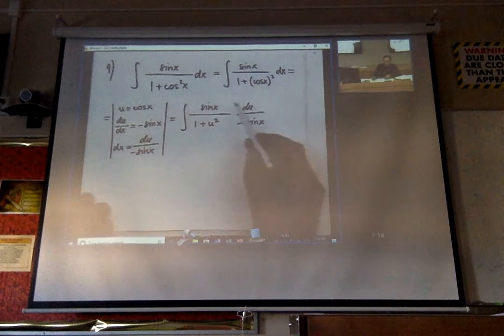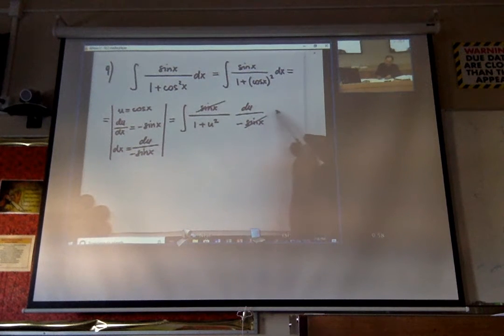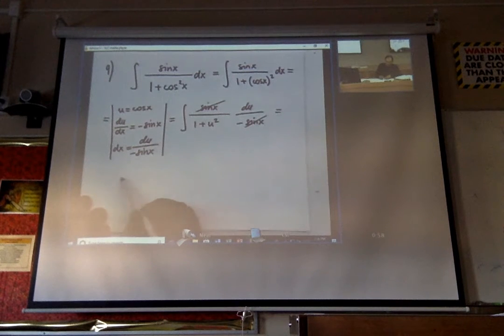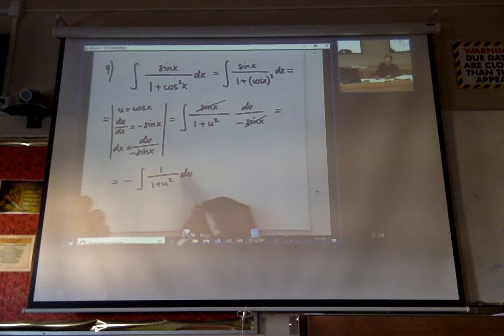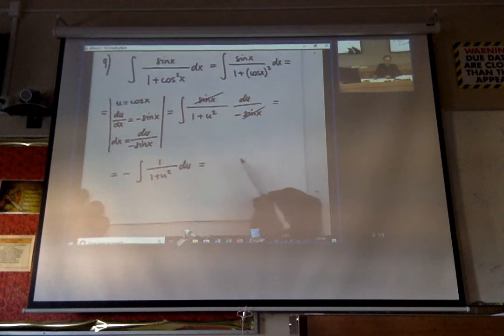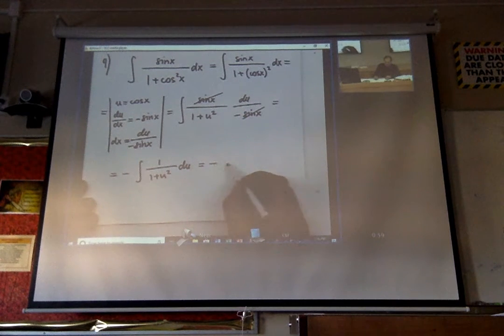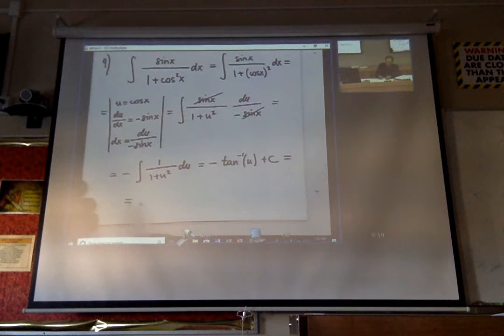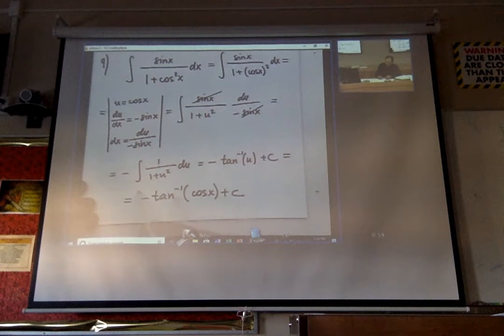So canceling these, moving the negative outside, we have the integral of 1 over 1 plus u squared du. And again, that's what? Inverse tangent, right? So we get negative inverse tangent of u plus c, don't forget c, and then put the substitution back. And that's the answer.